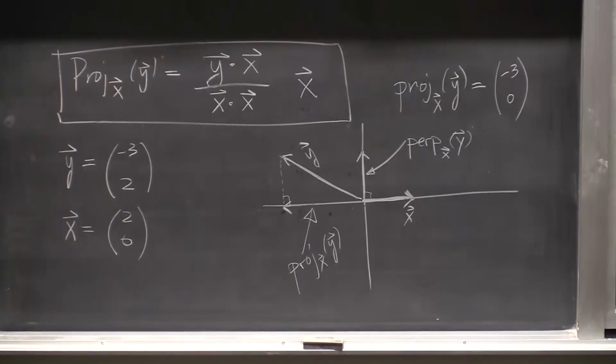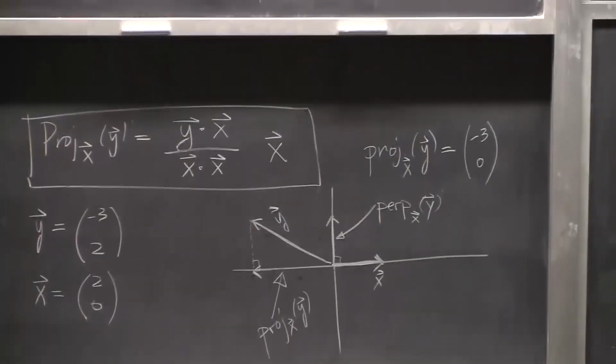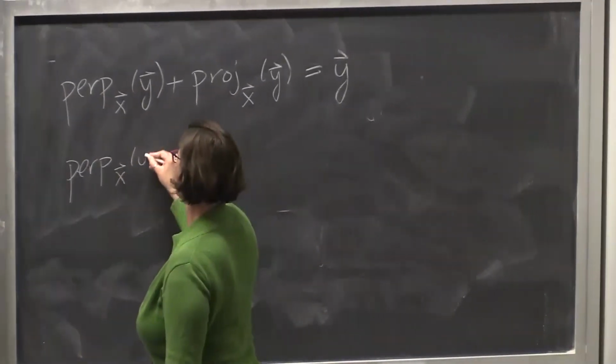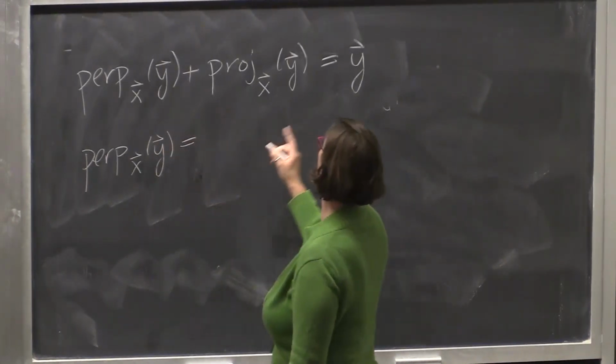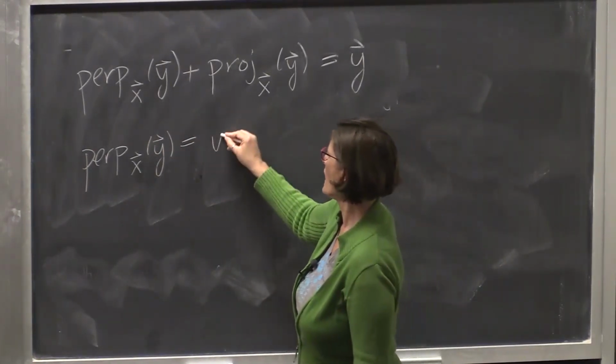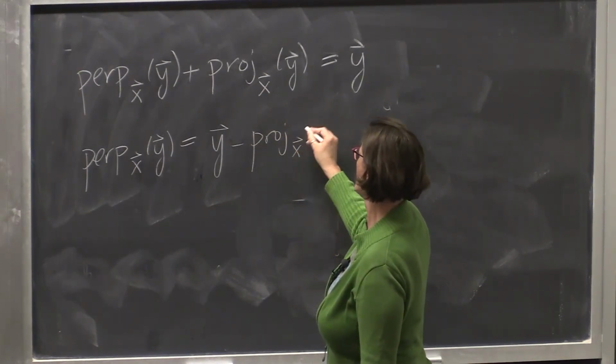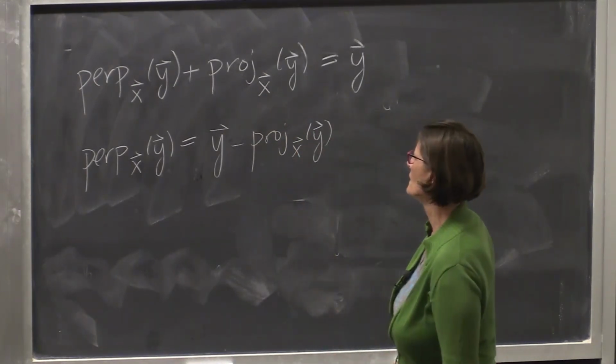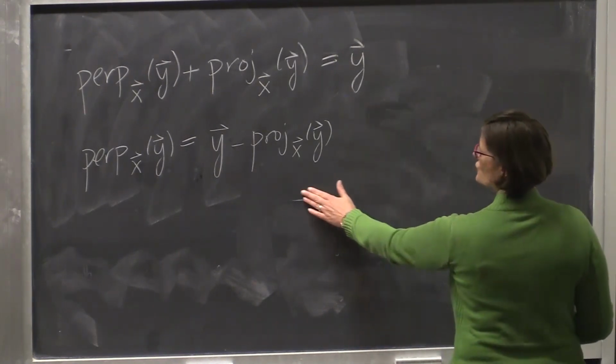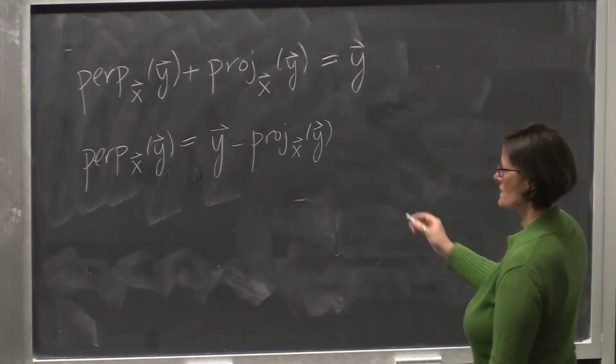And so that tells me that the perpendicular part is equal to y minus the projection. That's true in general.